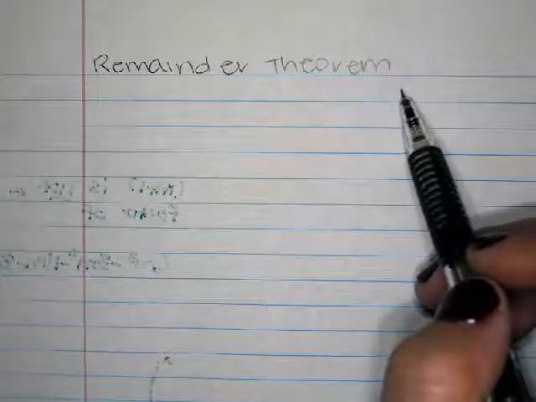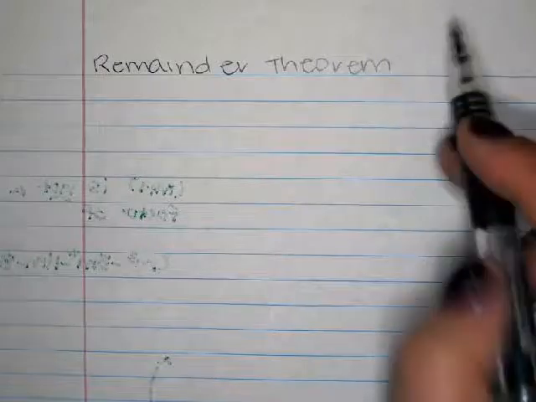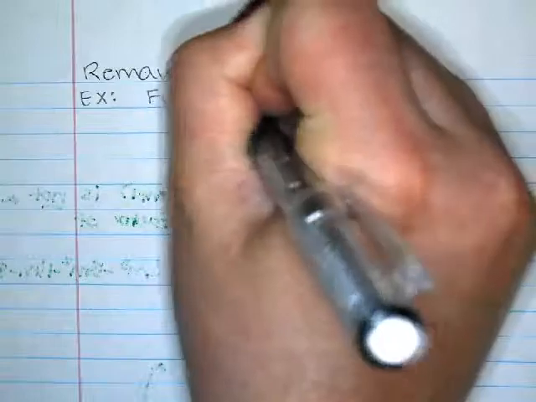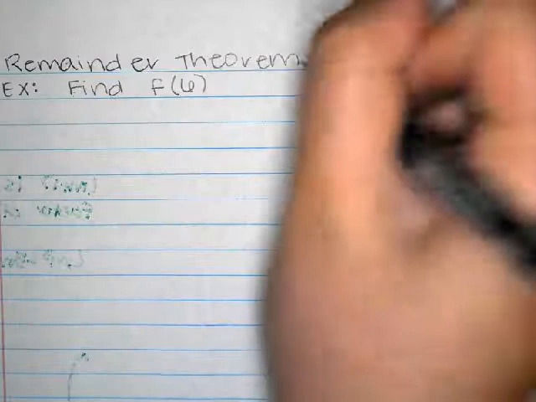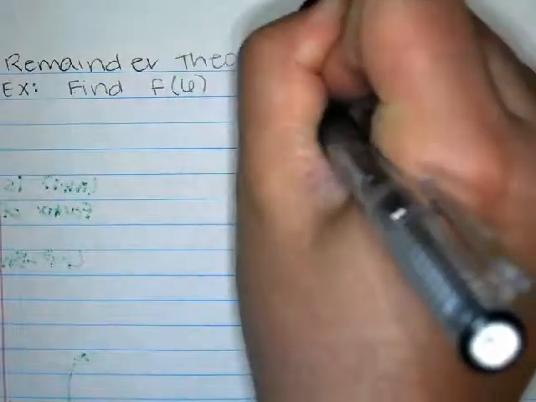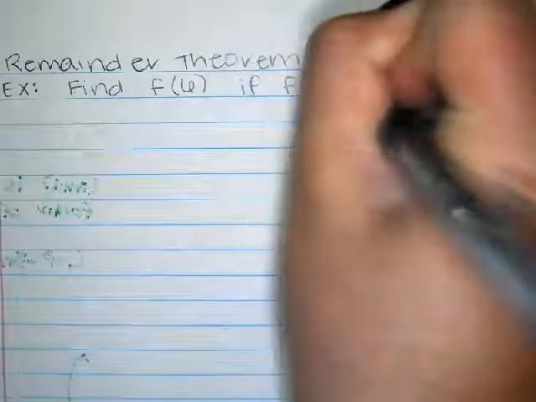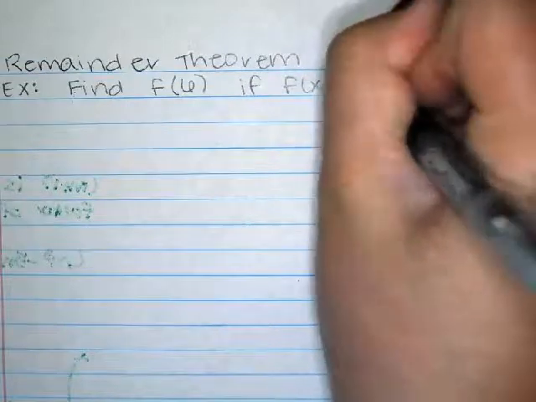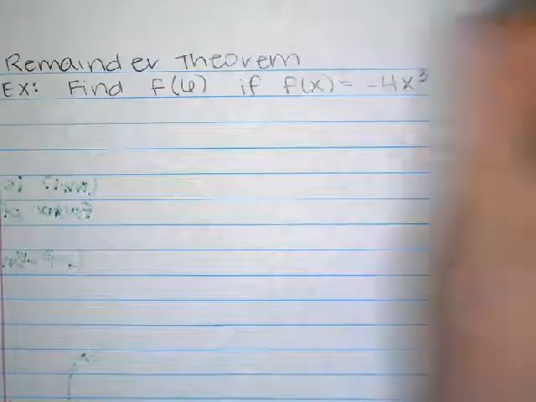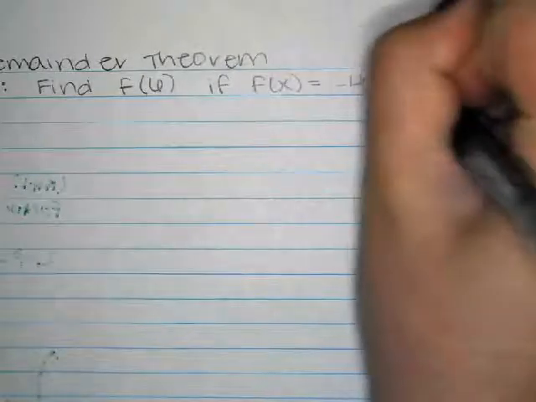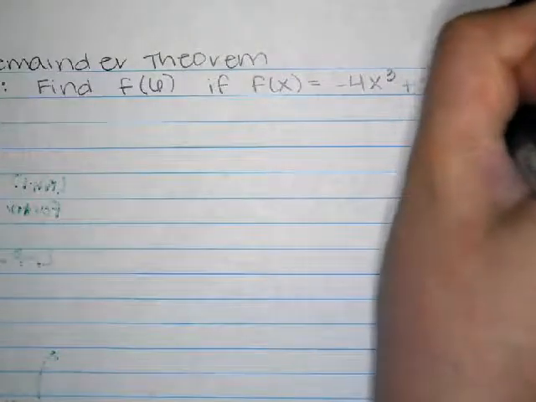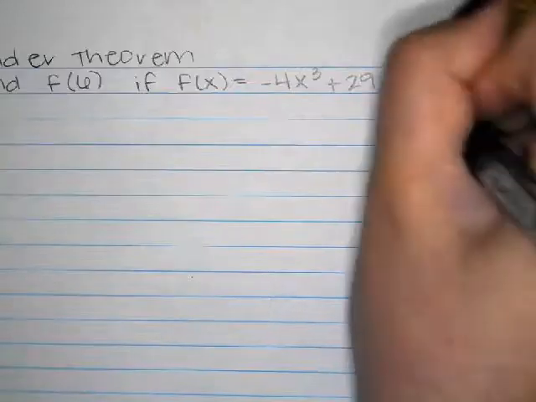So here's the instructions. We're going to find f of 6. Find f of 6 if f of x equals -4x to the third plus 29x squared minus 28x minus 8, and you cannot use a calculator.